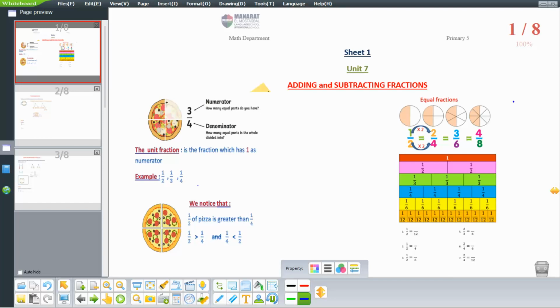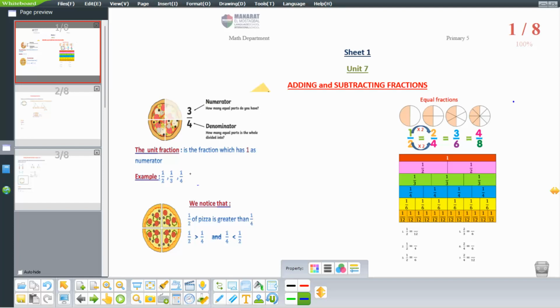If we have a pizza divided into 4 pieces and we take 3 pieces, it will represent 3 over 4: 3, the number of pieces, over the total number. So 3 over 4. And we know that 3 is the numerator and 4 is the denominator.